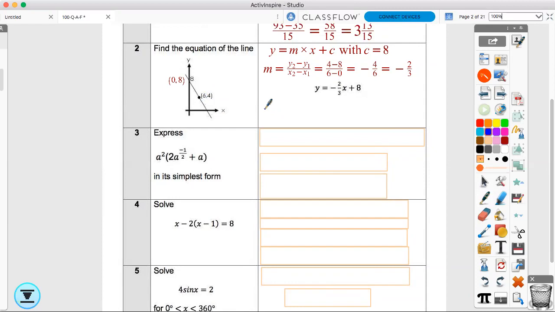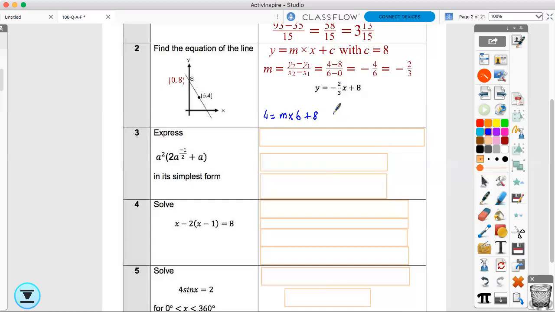So you could write here 4 equals m times 6 plus 8. So basically 4 equals 6m plus 8, and you've got to solve this.